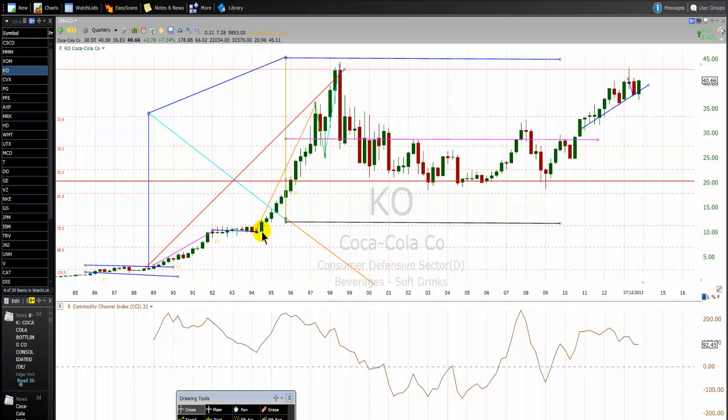Now, finally, we break out of this consolidation with this tall candle here on the quarterly chart, and the third wave was underway. With this information, the Elliott wave traders know that it will take less than 2 years for the fourth wave to be completed. The fourth wave will be swift, taking a shorter period of time.